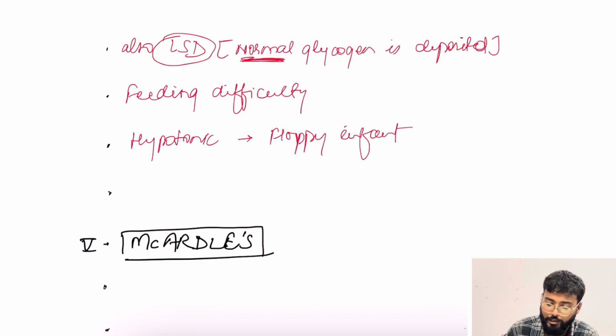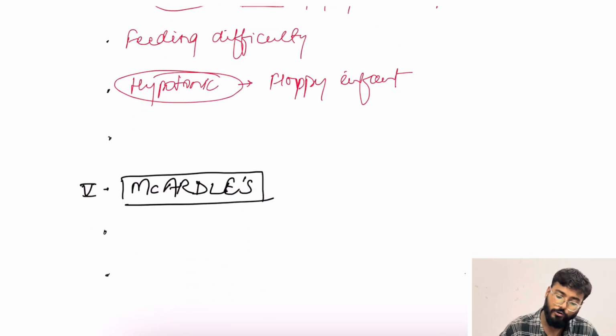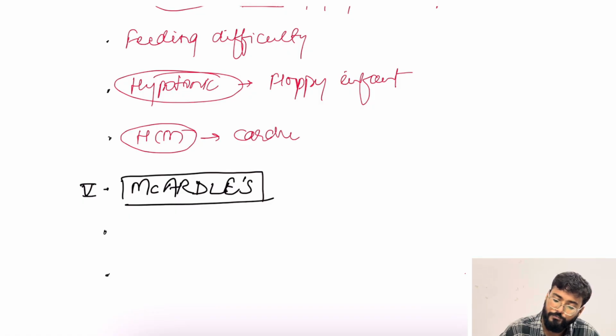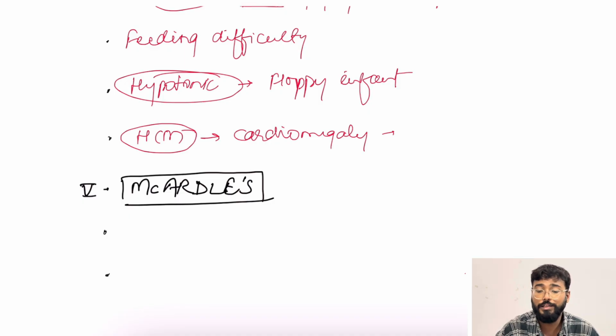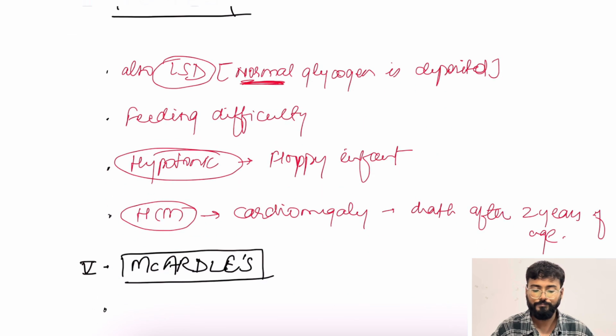The most defining feature of Pompe's is hypertrophic cardiomyopathy, which will cause cardiomegaly, and it is very hard for the baby to survive after 2 years of age, so death occurs before 2 years of age in Pompe's.